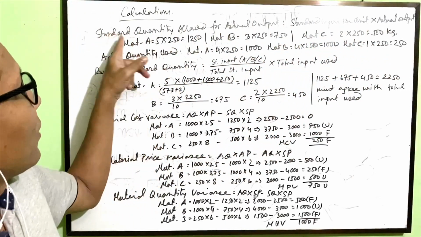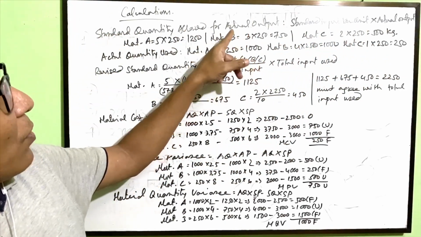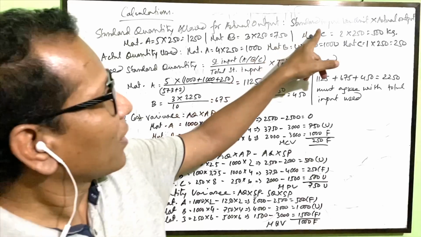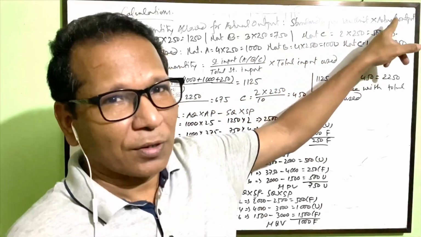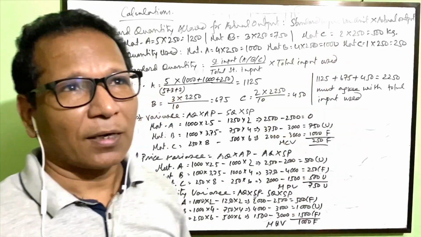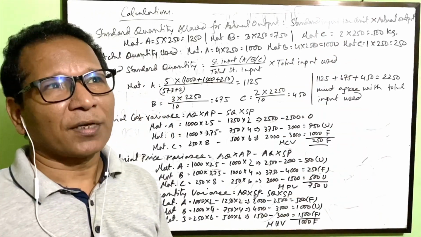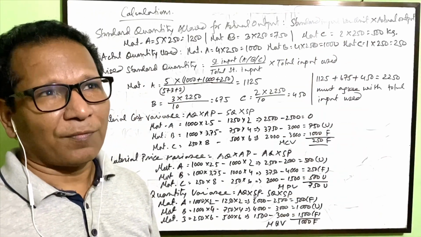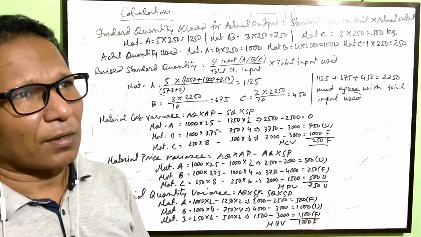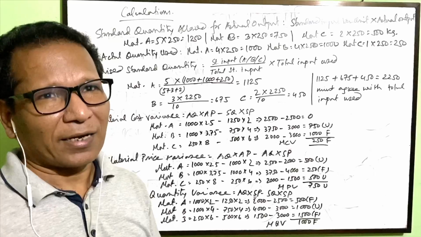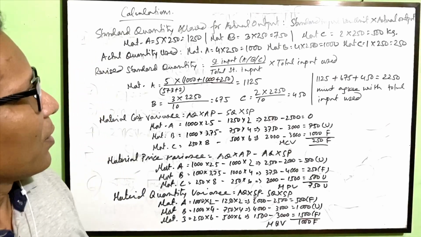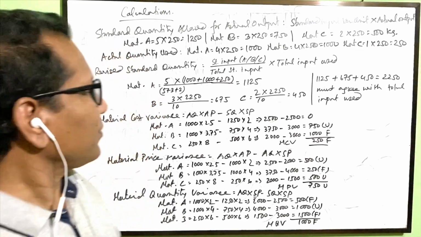Here the standard quantity allowed for actual output is calculated from standard input per unit and actual output. This is very simple. But in the previous problem there was a standard mix. If a mix is given, then the standard quantity allowed for actual output is slightly different to calculate.